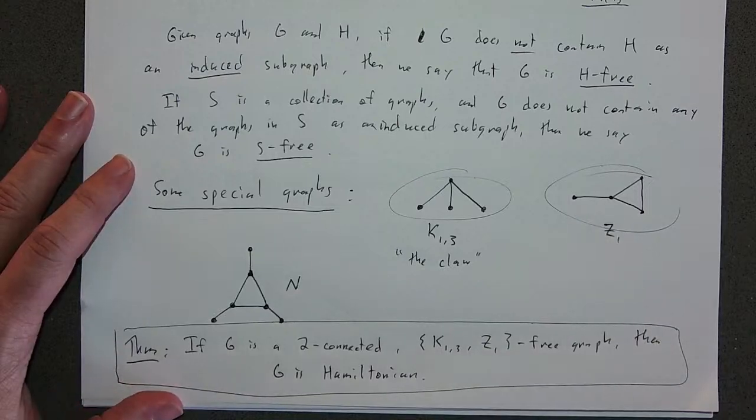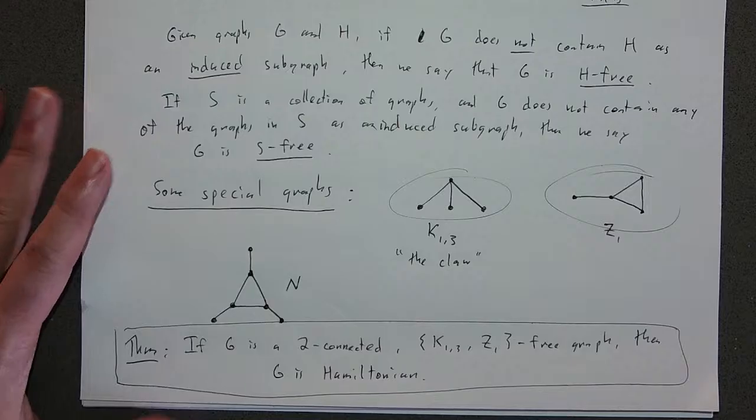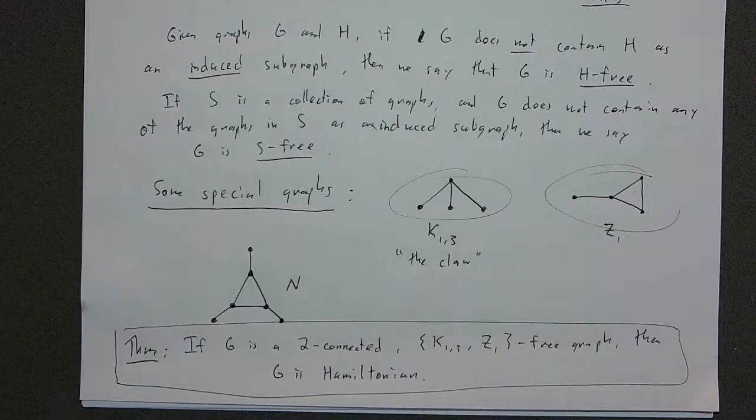So if it contains neither of these as an induced subgraph, then it is Hamiltonian. That is the result. So let's see first what forbidding a particular induced subgraph does.